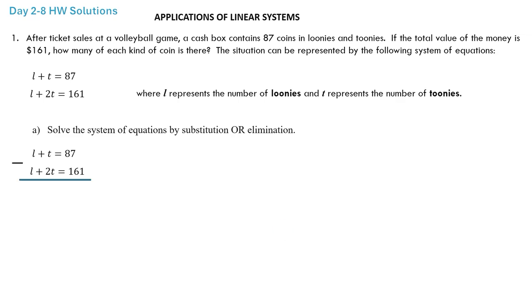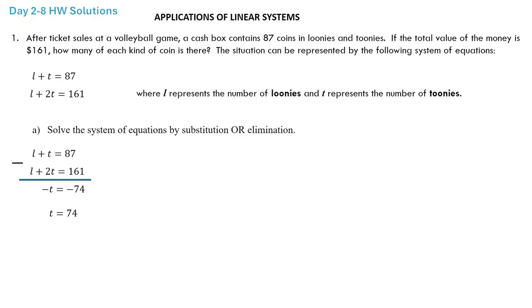So with that subtraction, L minus L equals 0. T minus 2T equals negative T. 87 minus 161 equals negative 74. So if negative T equals negative 74, then T equals 74.